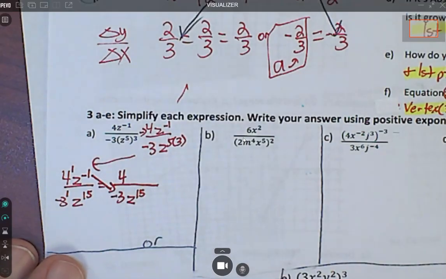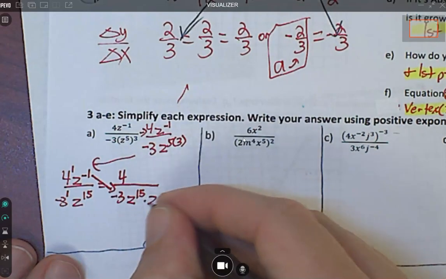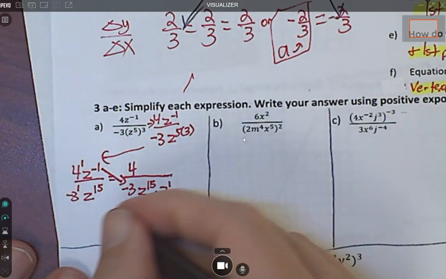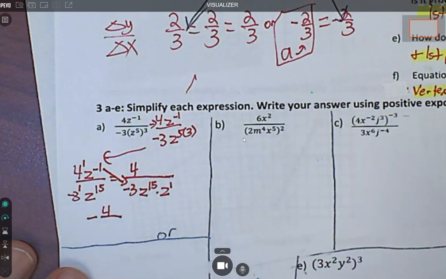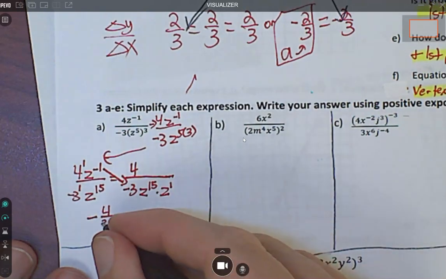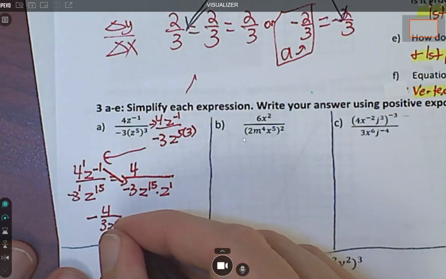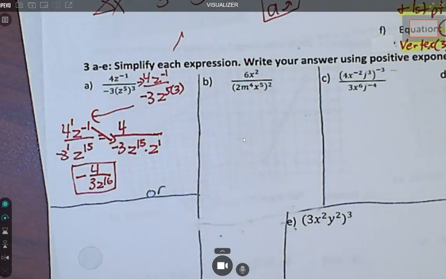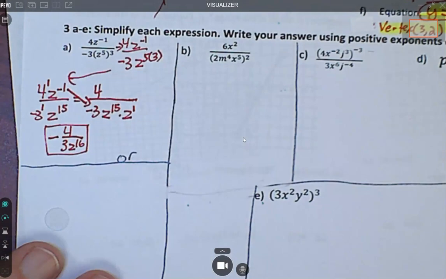If I want to make it a positive power, I take it down into the numerator. Your final answer would be, I just bring that negative in front of everything because that's the way it is on the state test. We're going to go negative 4 over 3, z to the 16th. Okay, if you like that way, do it. I want to show you a different way.